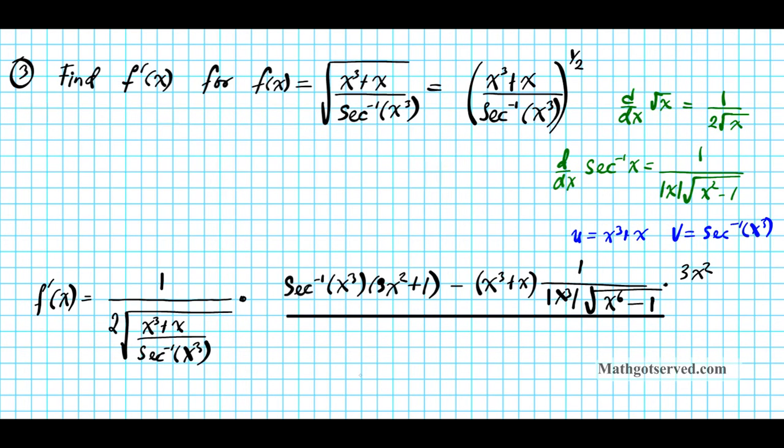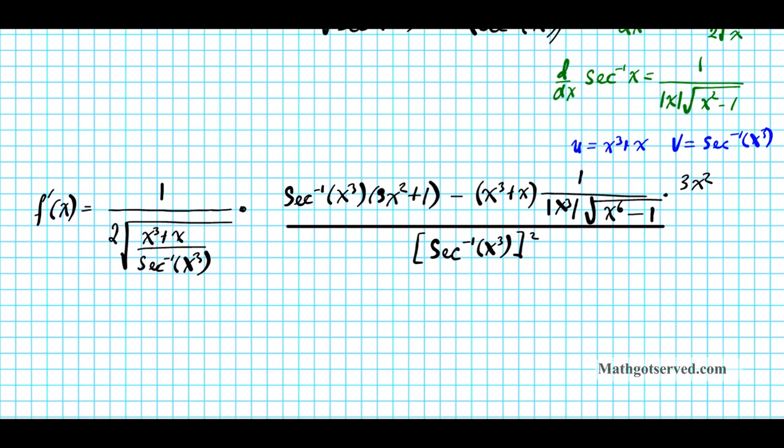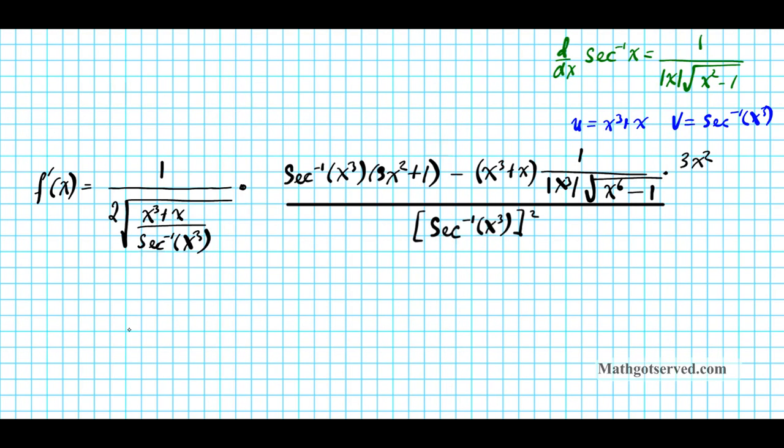So v is going to be the arcsecant of x to the third. That's v, right? So we're going to square that. Okay, so that's the derivative. Let's just put it together. You don't have to simplify too much, but let's put it together into one nice little fraction.